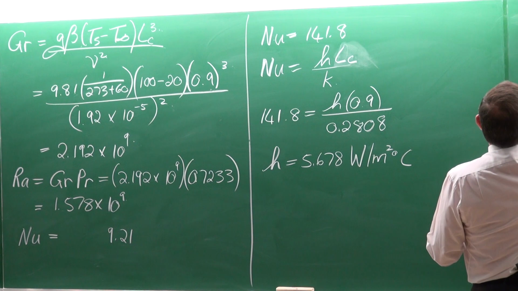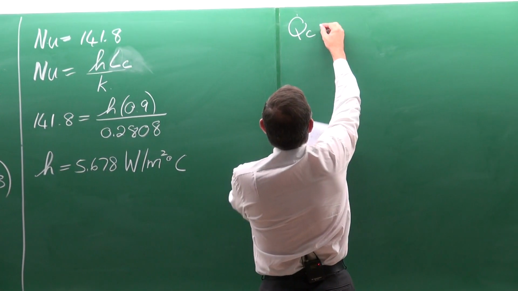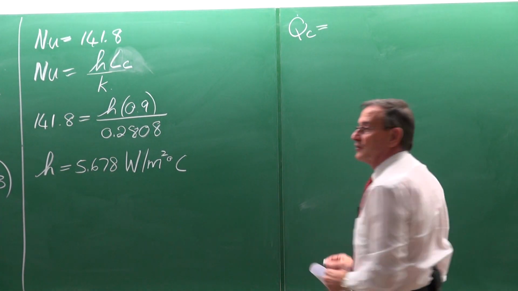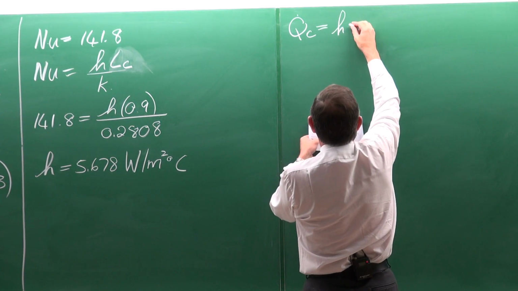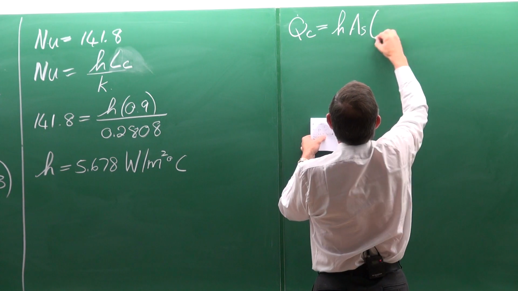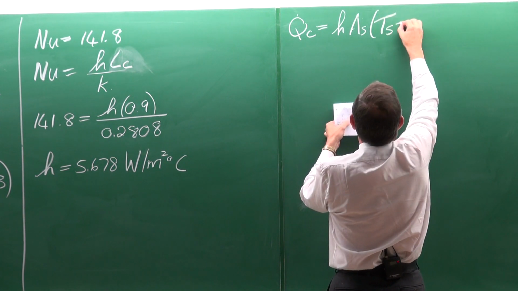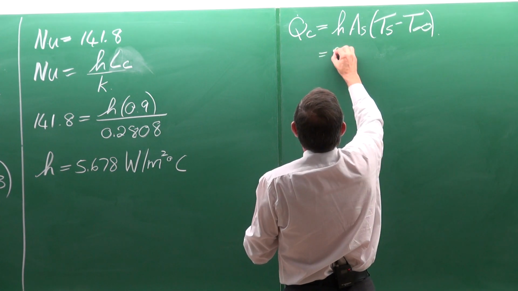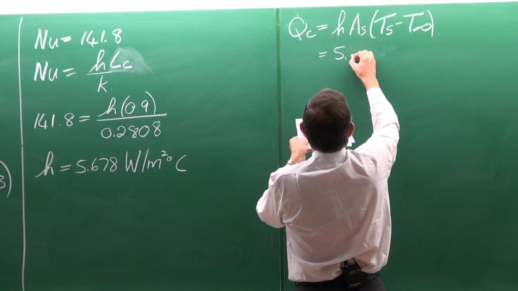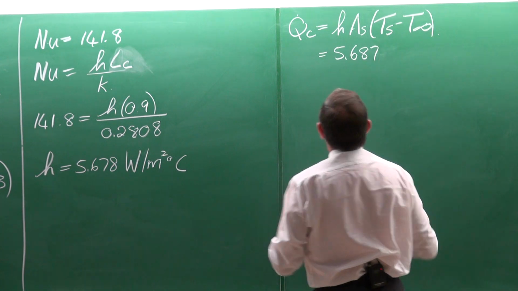Right, so again, the heat transfer from the natural convection only would be equal to the heat transfer coefficient multiplied by the surface area multiplied by Ts minus T infinity. The heat transfer coefficient is equal to 5.687.